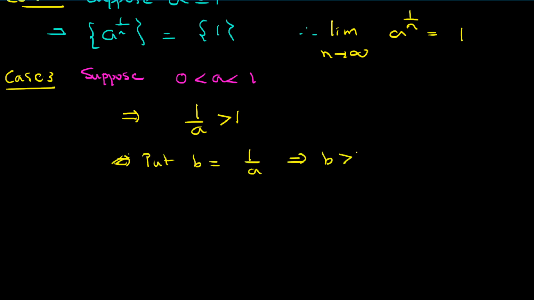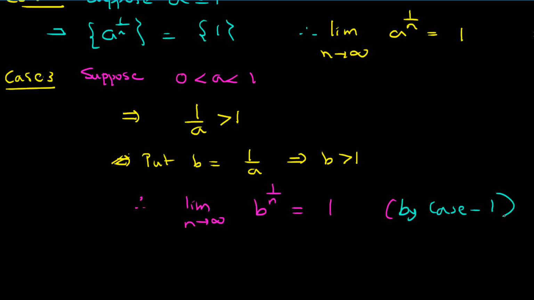Therefore b is greater than 1, and just now we have proved that if b is greater than 1, then limit n tends to infinity, as in case 1, b raised to 1 upon n is equal to 1. This is by case 1.